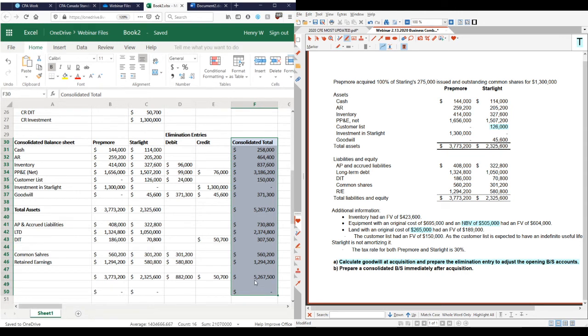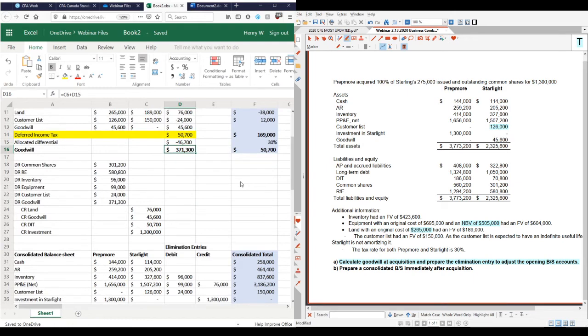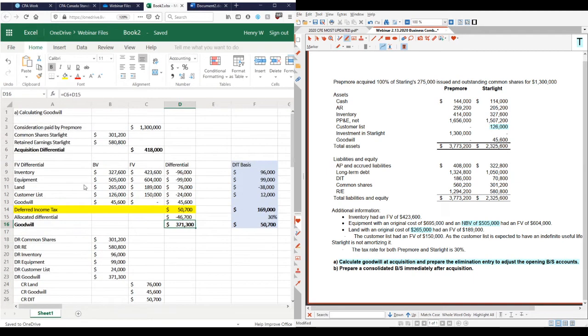Okay, the allocated differential of 46,700 is not included in the goodwill calculation. It is. So you can see I've summed all of that total and then taken away from the goodwill. So conceptually, you've got to assign whatever premium you've paid on top of the business.